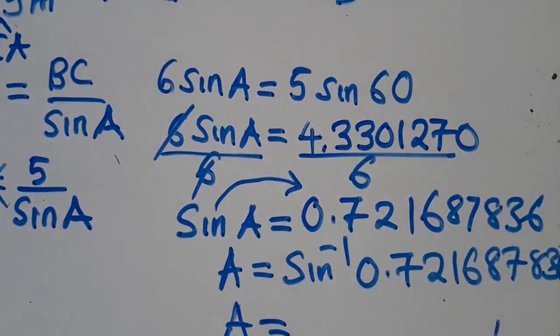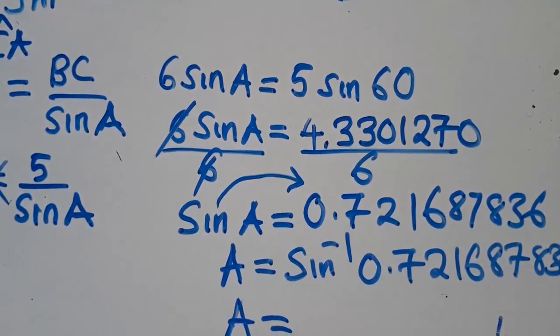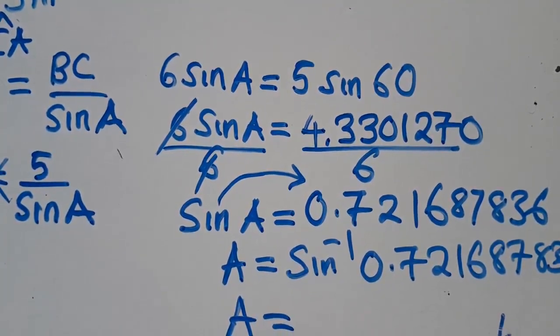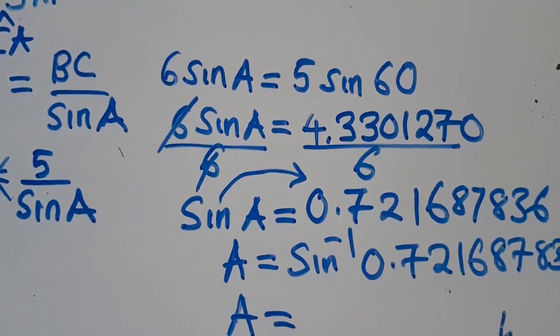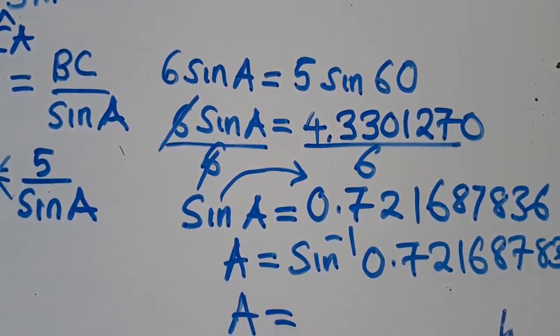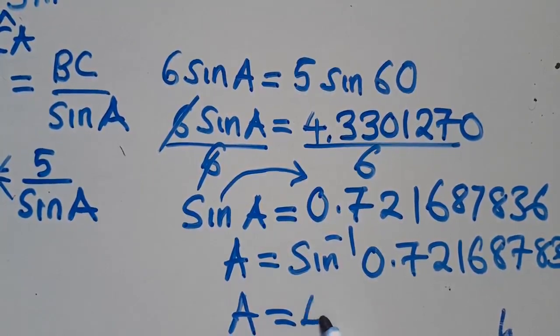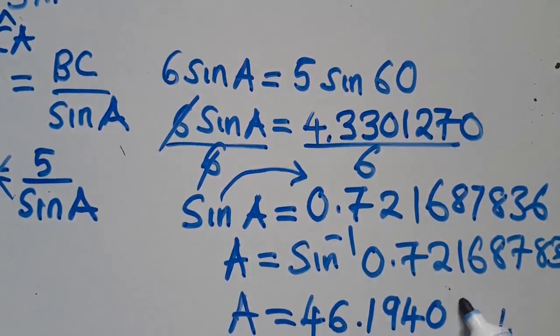How do you punch this on your calculator? You just say shift, then sine. Inverse comes, then you say equals. What answer are you getting? Our answer is 46.194000773.